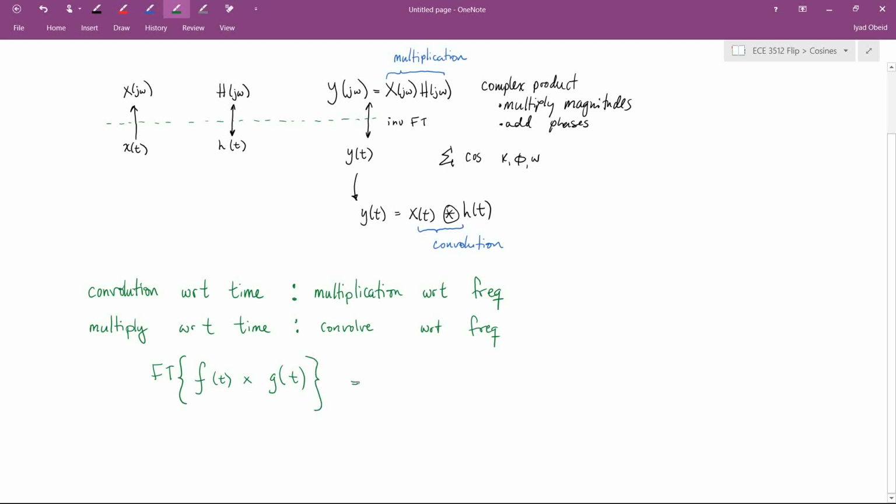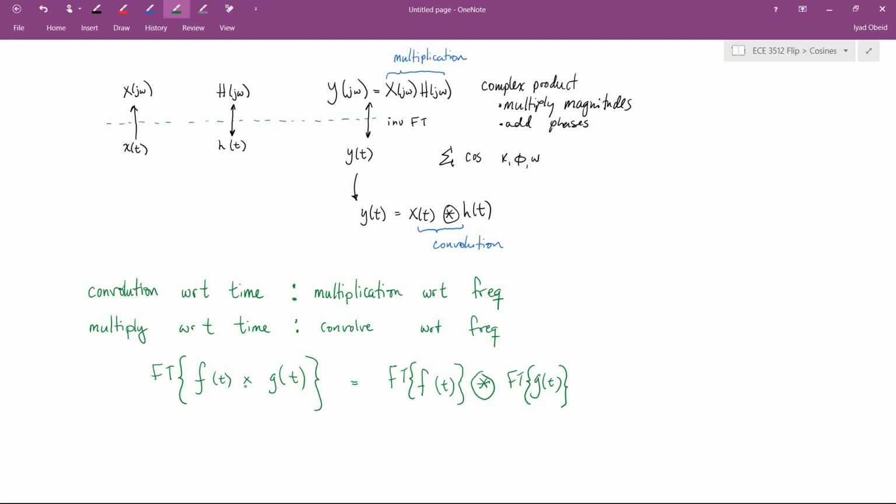What I would find is that that would be equal to, if I had taken the Fourier transform of f of t and the Fourier transform of g of t and convolved them. So multiplication with respect to time is equivalent to convolution with respect to frequency.